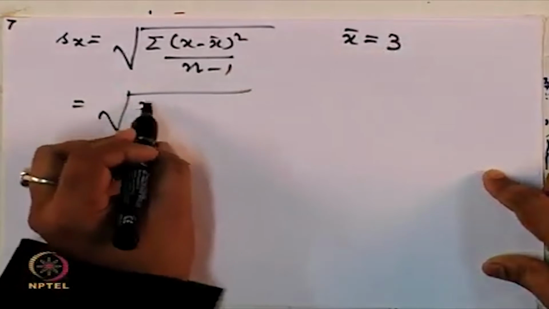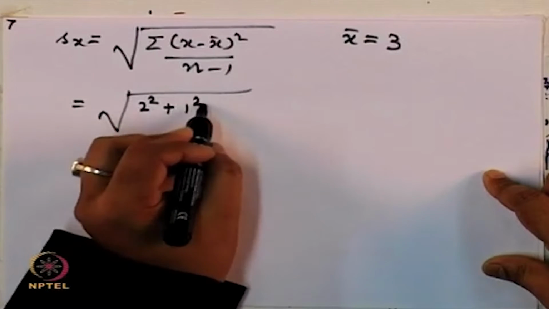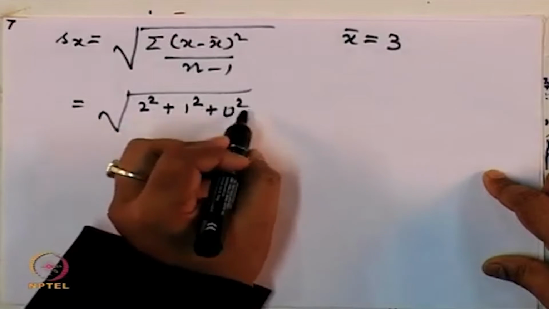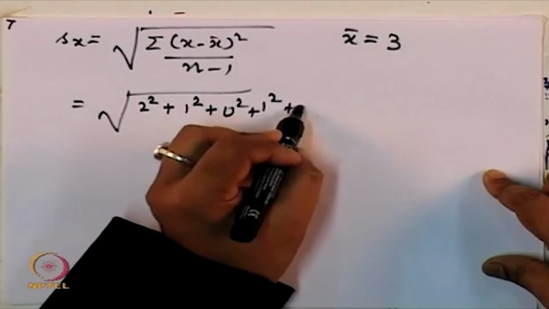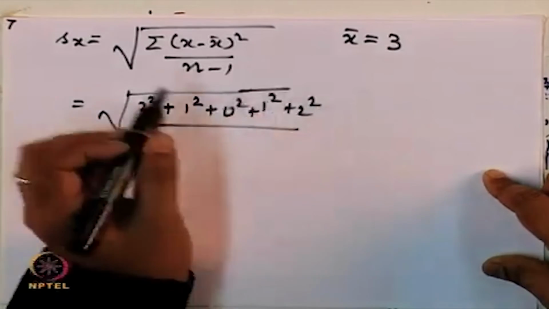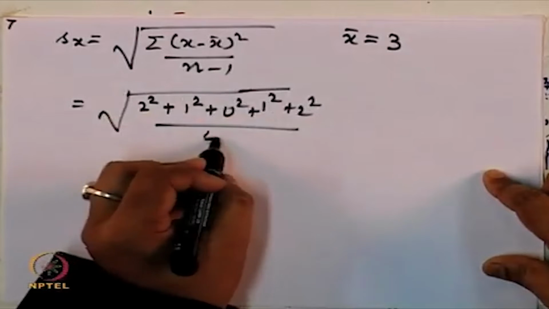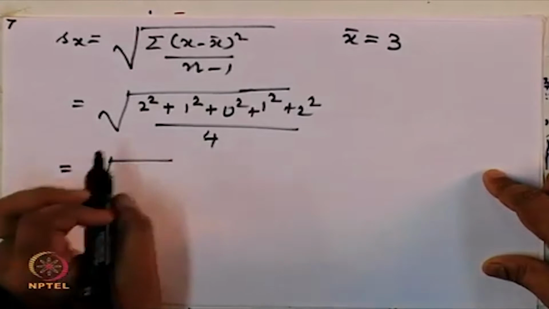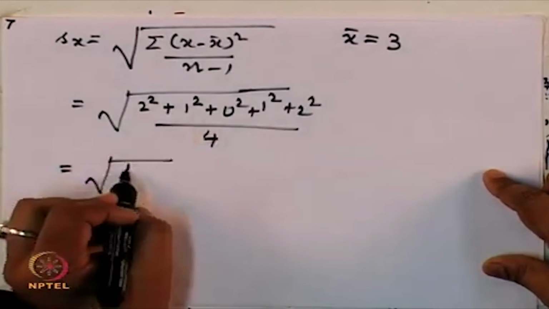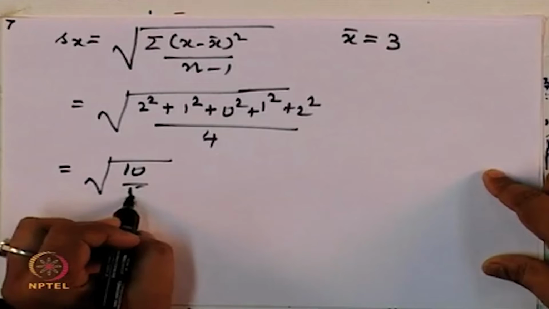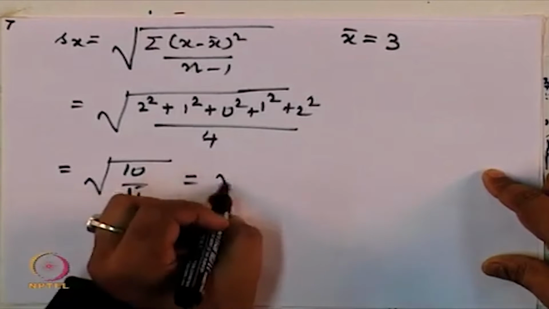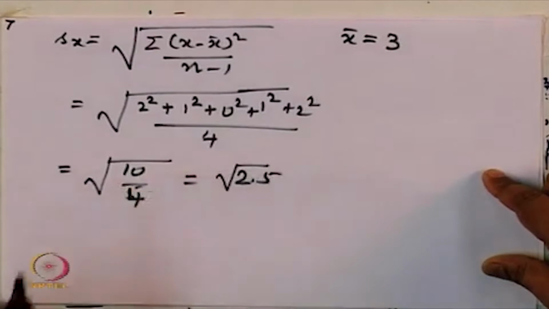So, it is 2 square plus 1 square plus 0 square plus 1 square plus 2 square, whole divided by n minus 1, which is 4, is equal to square root of 4 plus 4, 10, by 4, equal to root of 2.5.